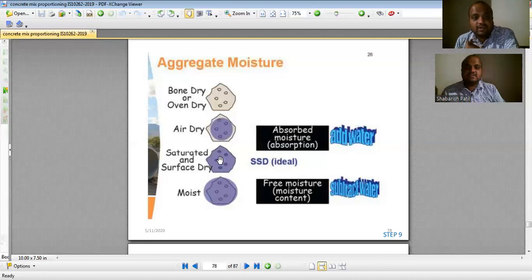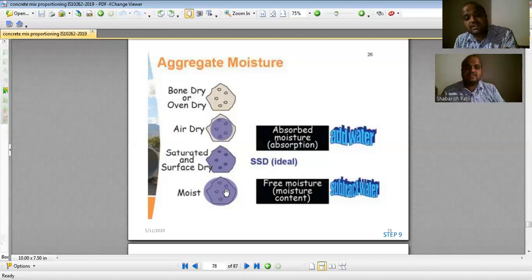In SSD condition, all the cavities of the pores are filled and even your surface is wet. This is the SSD condition. It is the ideal condition. Your surface is saturated and your aggregate is dry. That is the saturated and surface dry condition. This is an ideal condition. Okay. This is the air dry condition.